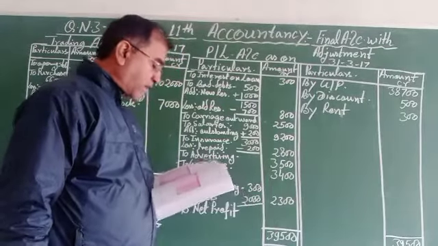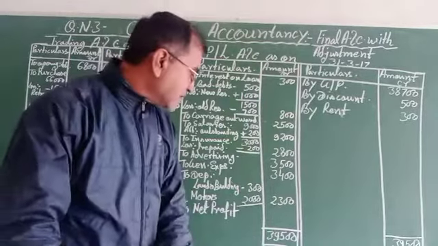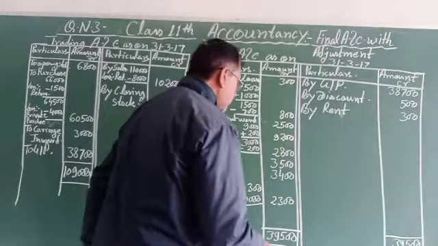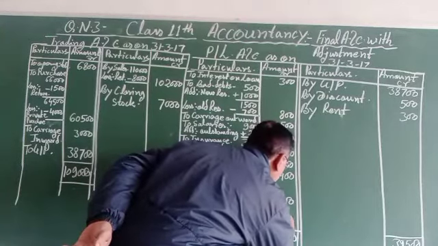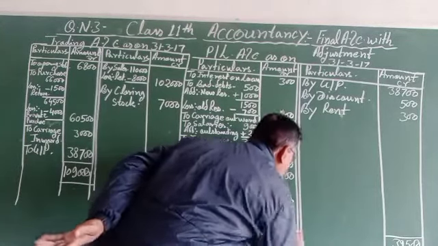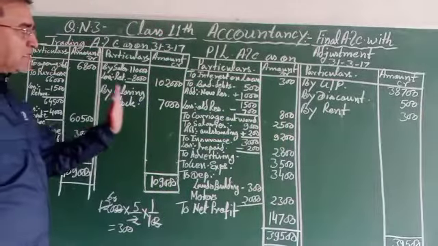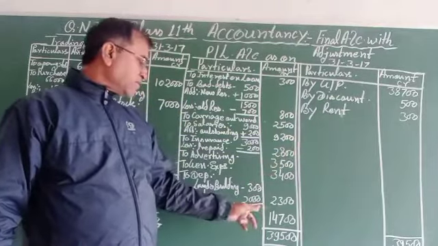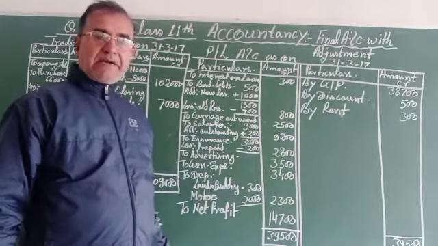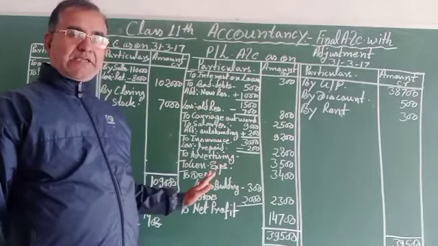So net profit will be the total minus 14,700. Now dear children, you can see over here the total of the credit column exceeds the debit column by 14,700. That will be the net profit of the organization.